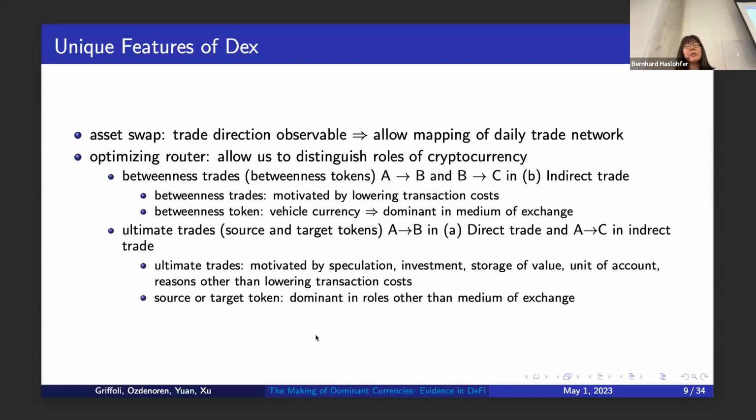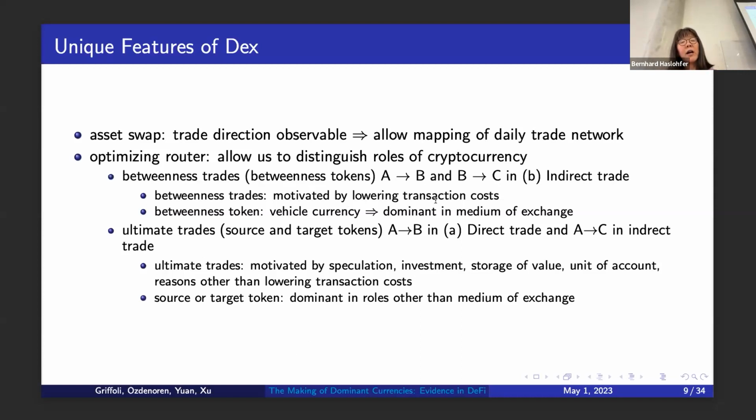The betweenness trades are the trades motivated by lowering the transaction cost, and betweenness tokens are considered as a vehicle currency, and they are dominant. Dominant use means it has a dominant status as a medium of exchange.